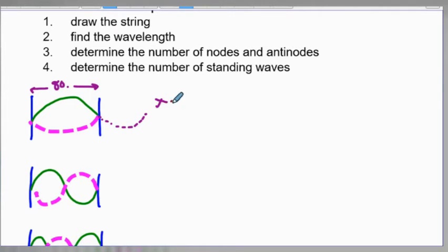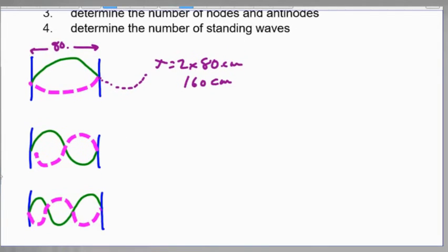So the wavelength here is 2 times 80 centimeters or 160 centimeters. In the second one, we can see that the wavelength is exactly our length. So the wavelength here is simply 80 centimeters.